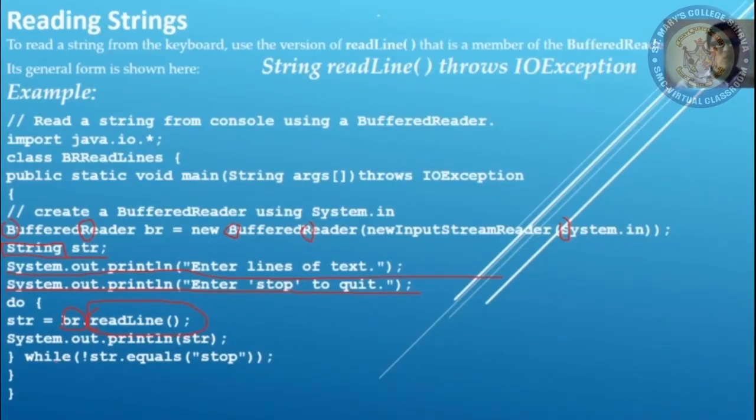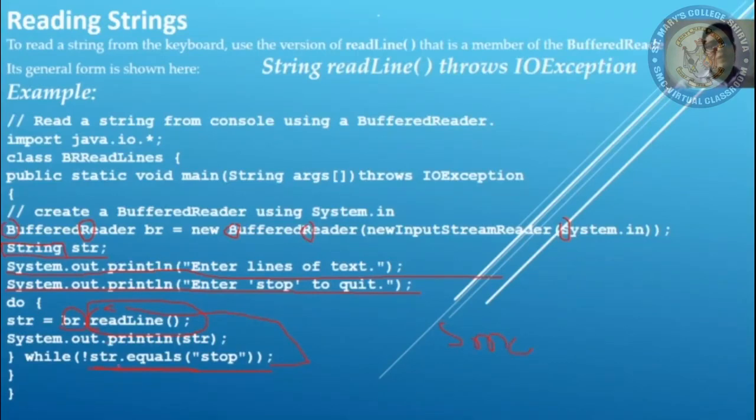While str.equals("stop"), using the string handling method str.equals of stop, whenever you enter stop, it stops, otherwise the loop will continue. For example, if I take smc, where smc will be stored in str, then you display smc.